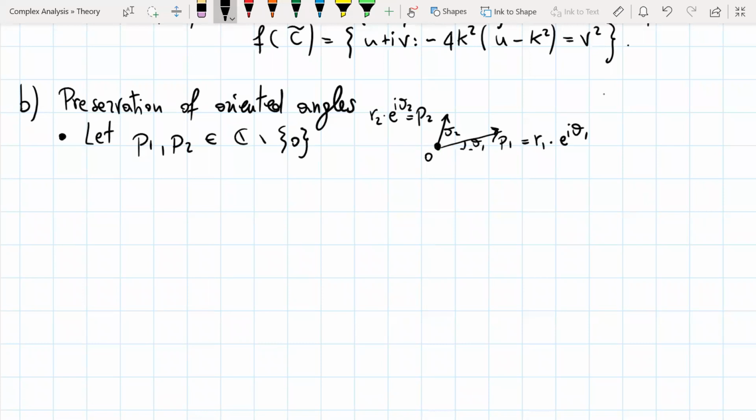So if we are interested in the angle between the two, so this is the angle here in between, then this angle is simply theta 2 minus theta 1.